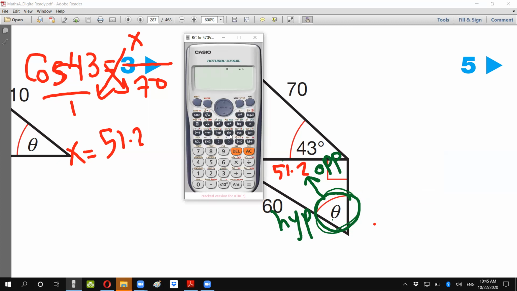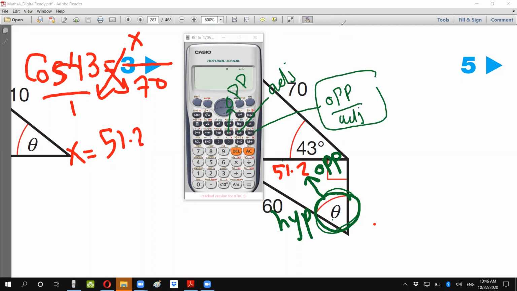Sine is for opposite, cosine is for adjacent, and tangent is opposite over adjacent. Okay?